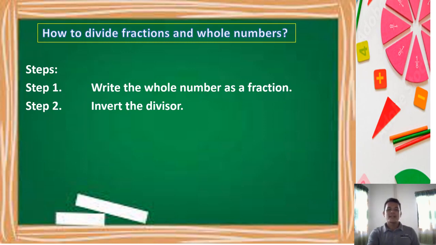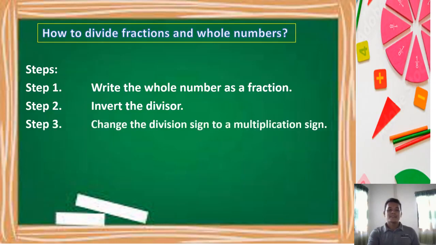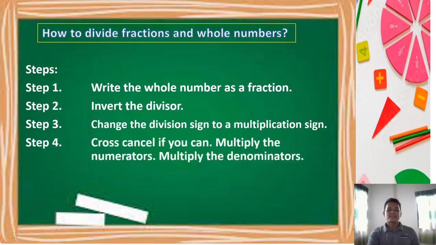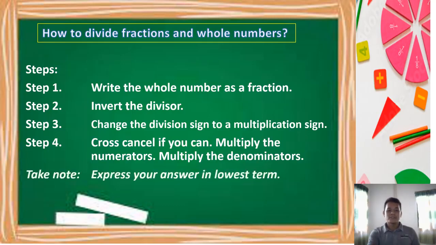The reciprocal of 5/10 is 10/5. Step 3, change the division sign to a multiplication sign. Step 4, cross cancel if you can. Multiply the numerators and then multiply the denominators. And of course, express your answer in lowest term.